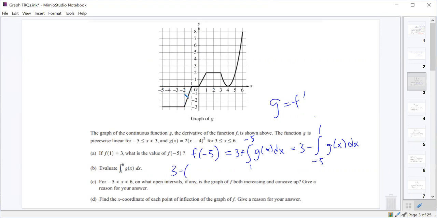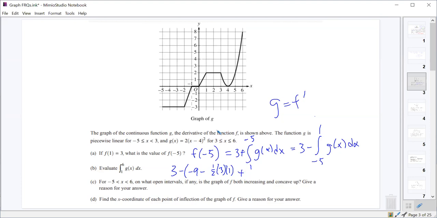-5 to -2 is 9, right? And it's below the x-axis, so negative. And then we've got another negative down here, 1/2 base times height. Base is 1, height is 3, so minus 1/2 of 3. Then from -1 to 0, it's just 0, so you can ignore that.